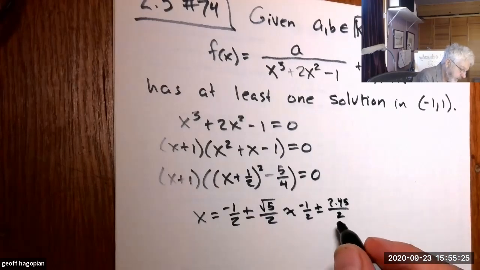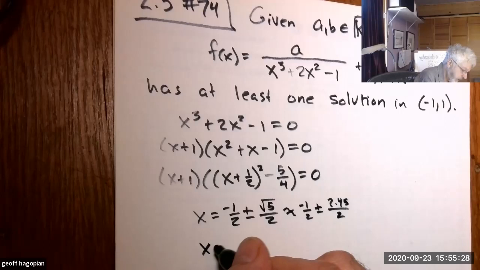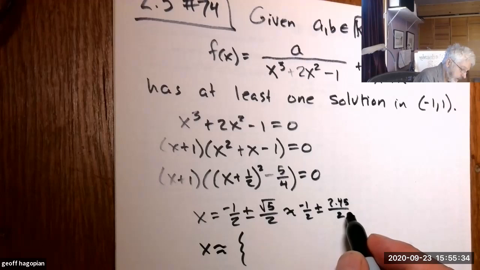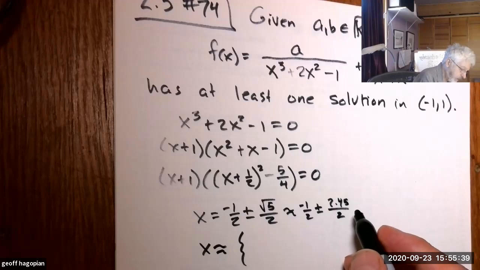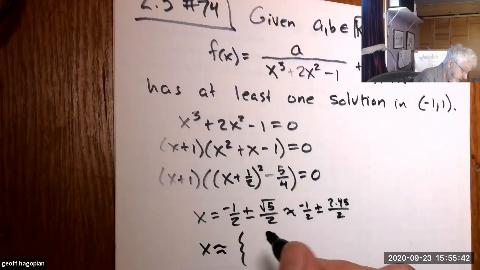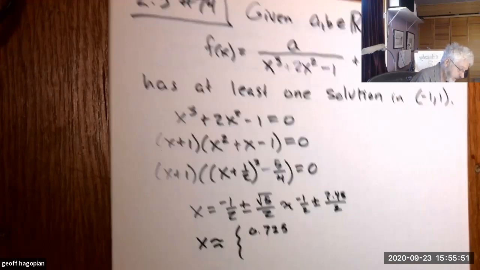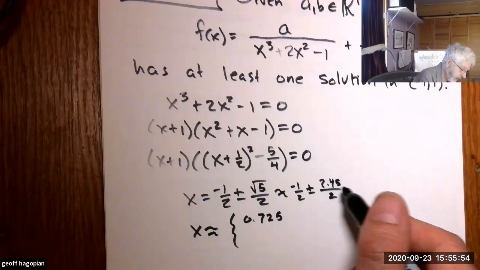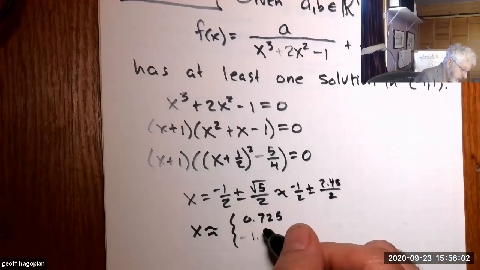So x is approximately, there are two values. If we were to add, we'd have half of 1.45, which is 0.725. And that's between -1 and 1. So we've got a problem there, Houston. And then if we were to subtract, we'd have -3 over 2, half of that, which is -1.72, I think. Something like that.